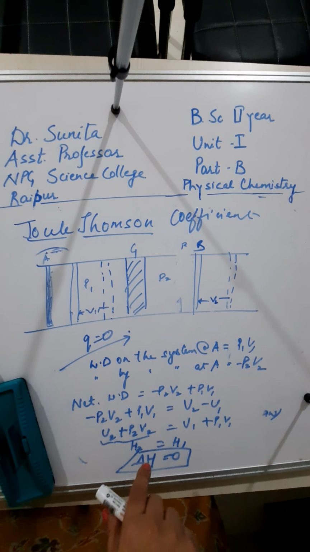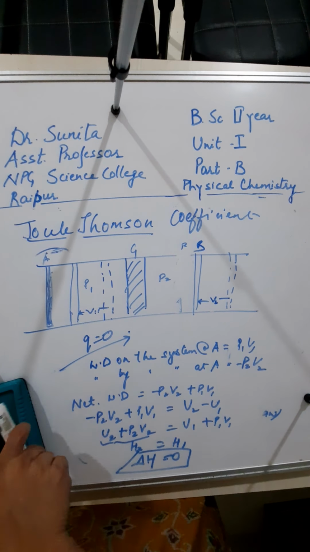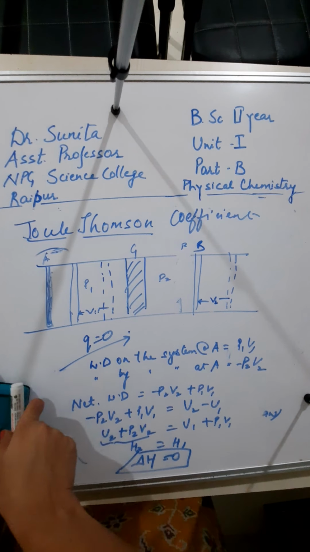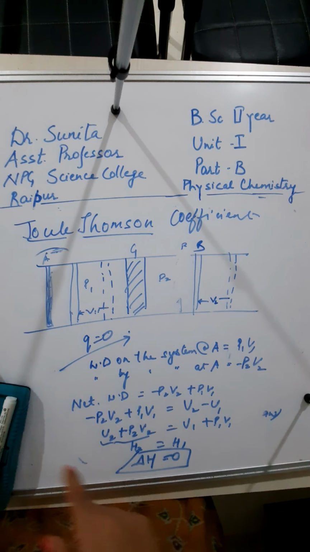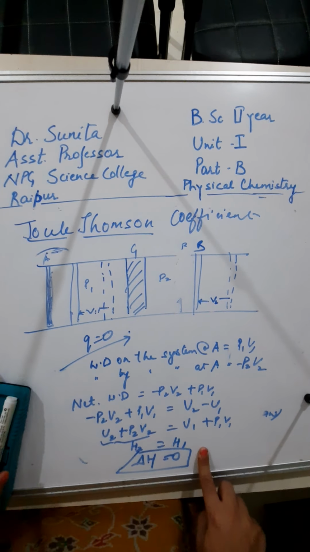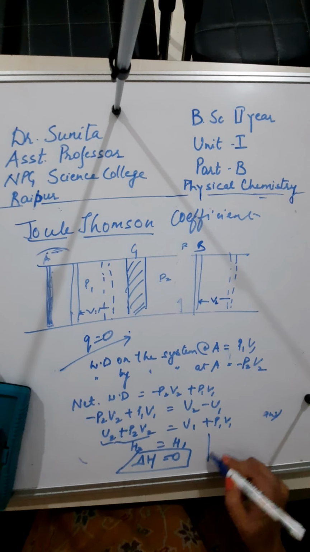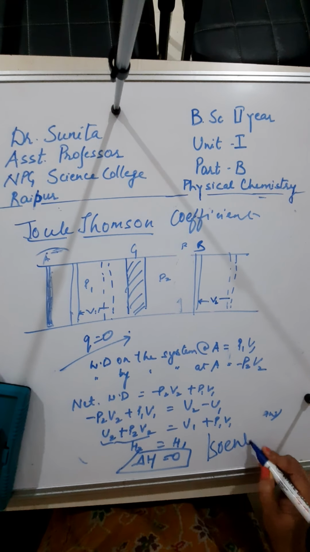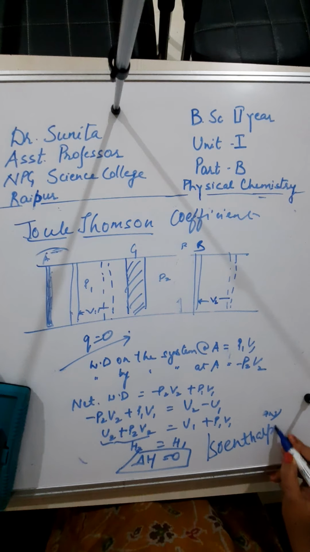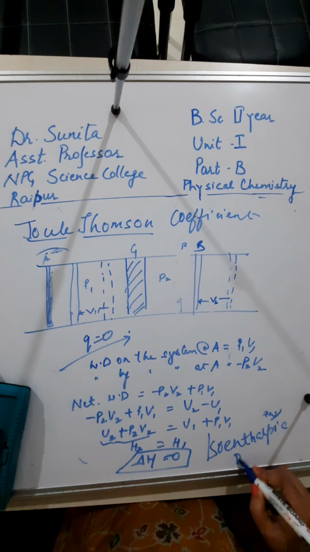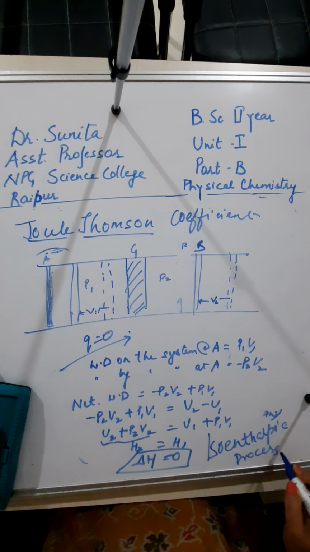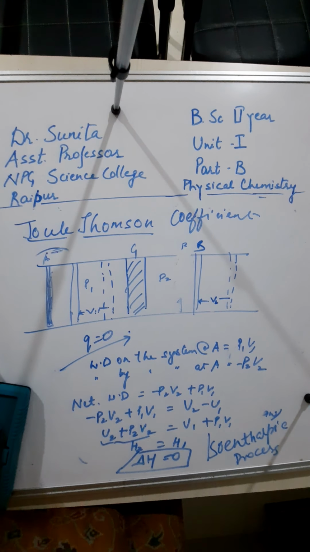The adiabatic expansion of real gases occurs not with constant internal energy but with constant enthalpy. Therefore, this process is known as an isenthalpic process, because we have no change in the enthalpy of the system.